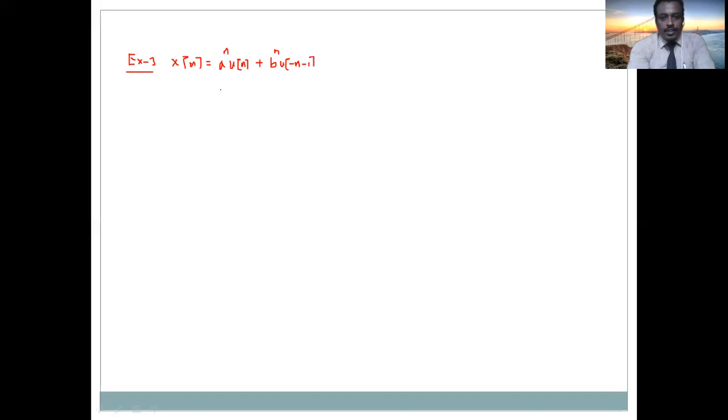So here clearly you can see the first part is a causal sequence because it's multiplied by u of n. Here you can see the second part is a left-sided sequence because it's multiplied by u of minus n minus 1. Now we are asked to find the Z transform of this sequence.